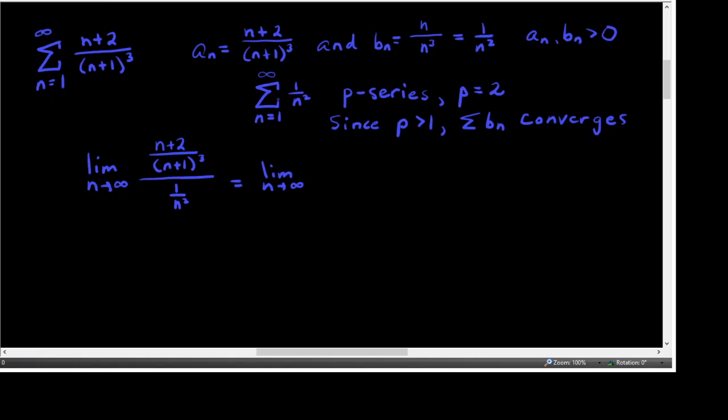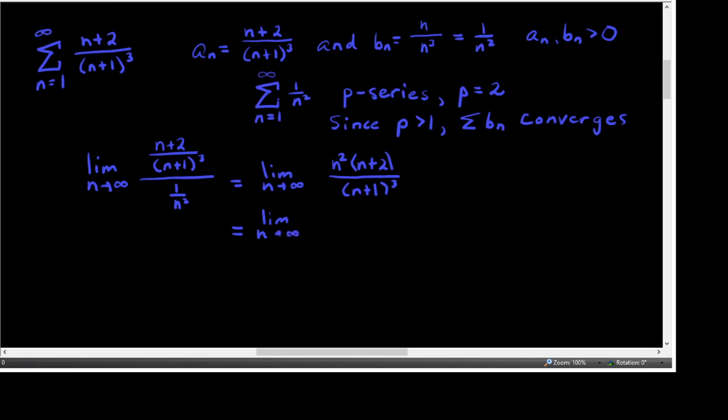All right. Then algebraically, dividing by a fraction means multiplying by a reciprocal. So when we do that, we'll end up getting n squared times n plus 2 over n plus 1 cubed. Okay, so we're going to have to do some algebra here.